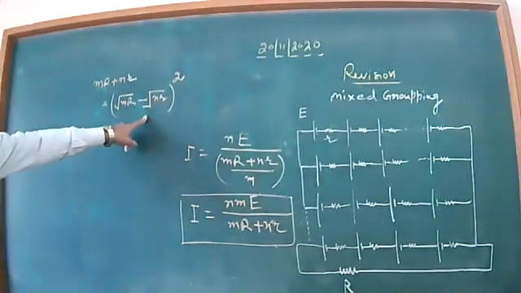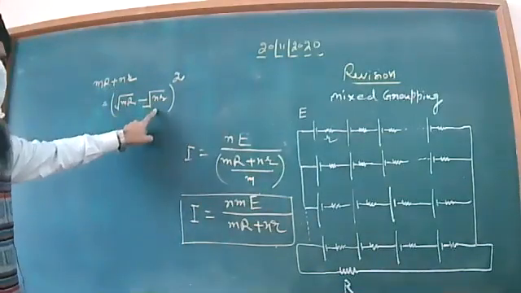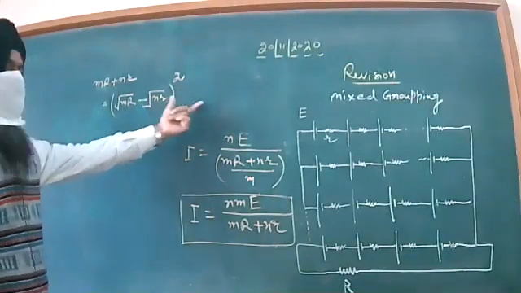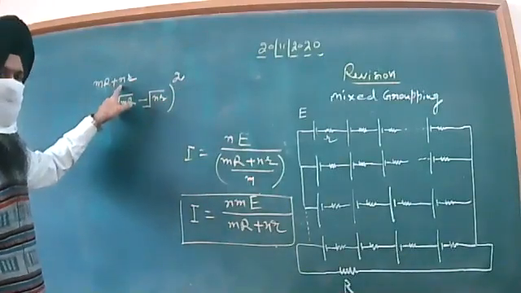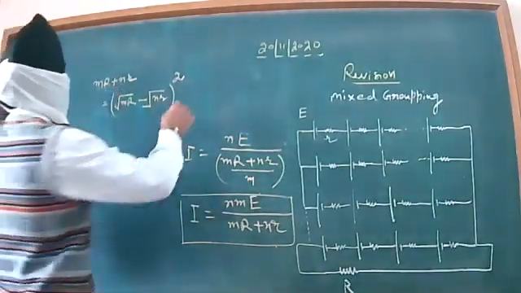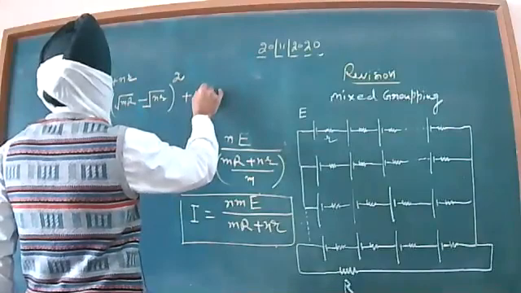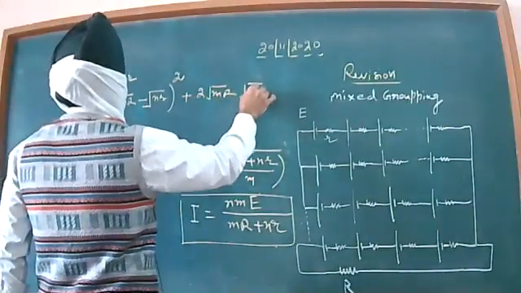If I make the square of this, I will get a square plus b square minus 2ab. The minus 2ab term will come in excess in comparison to the left hand side, and I will have to add that also, that is 2 root mR root nr.